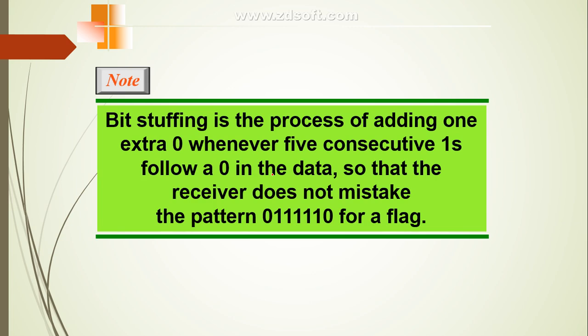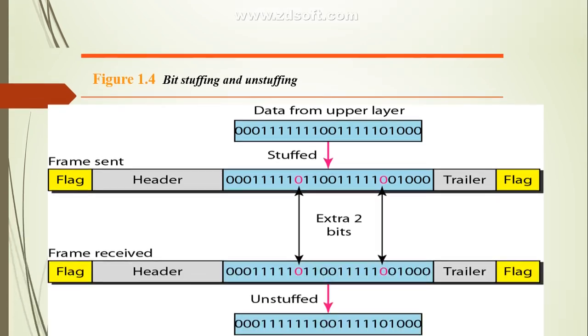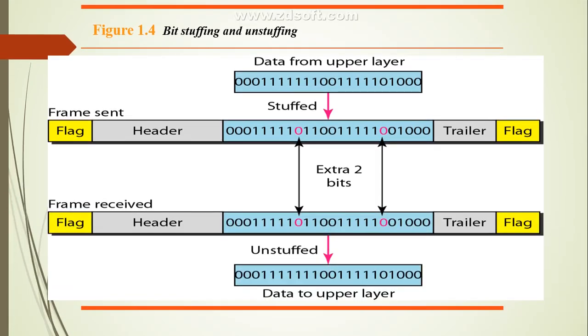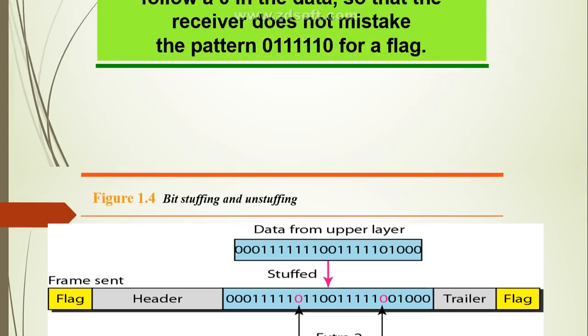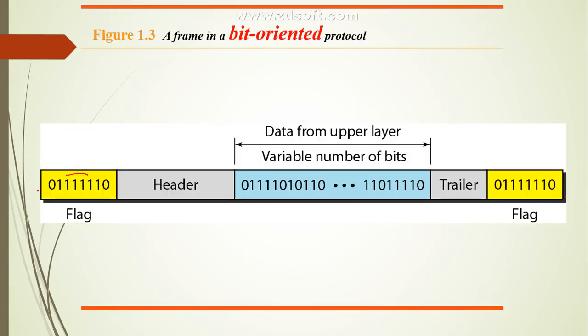Bit stuffing is a process of adding one extra zero whenever 5 consecutive ones follow a 0 in the data, so that the receiver doesn't mistake the pattern 0111110 for a flag. The flag has consecutive 6 ones.